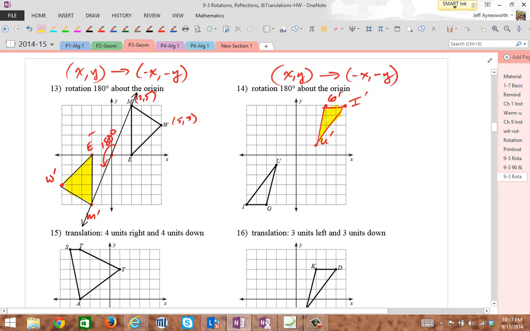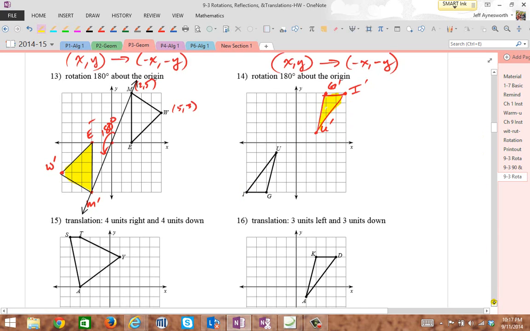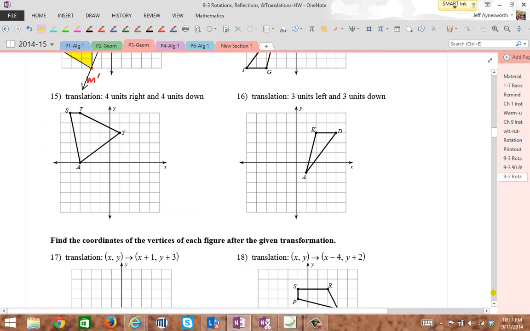There's your image. So I just did a couple examples without writing down the coordinates. All right? Because you should be able to do that, okay? Now we're going to translate every point 4 right, and then down 4, right? Okay, easy. So S prime, go 1, 2, 3, 4, 1, 2, 3, 4. There's S prime.